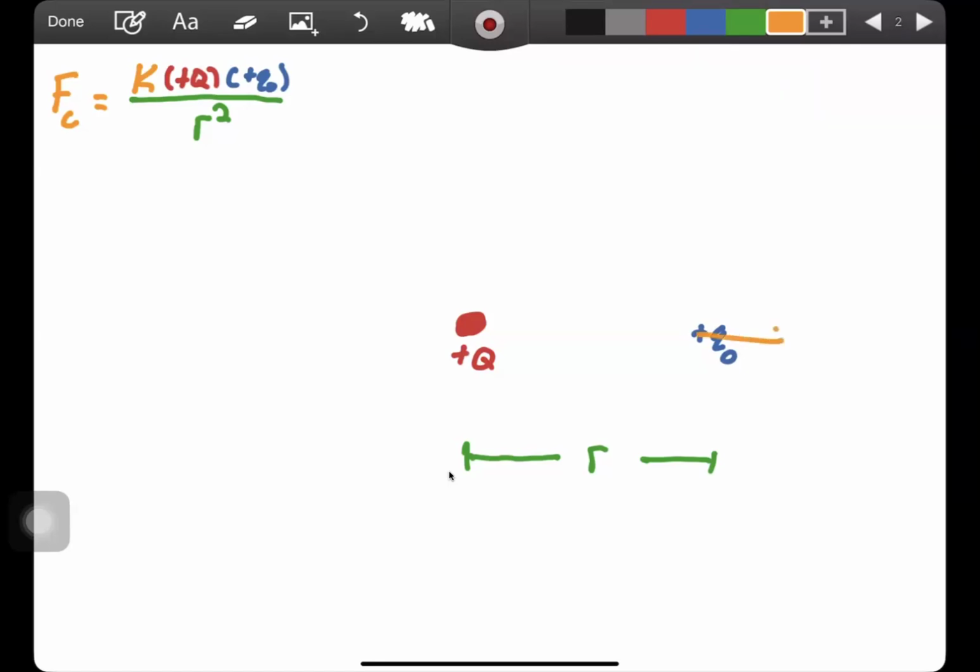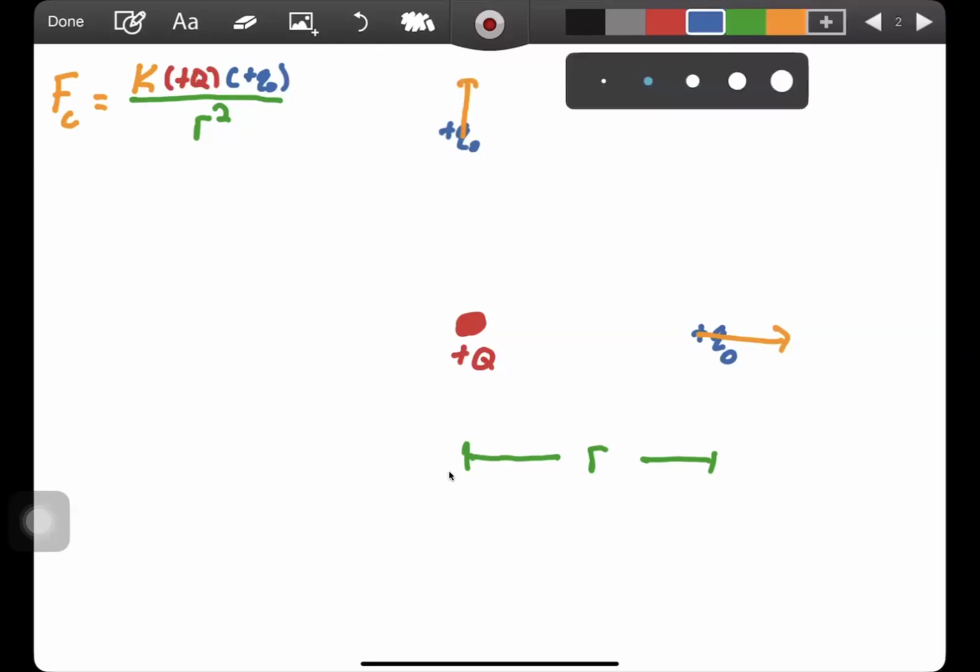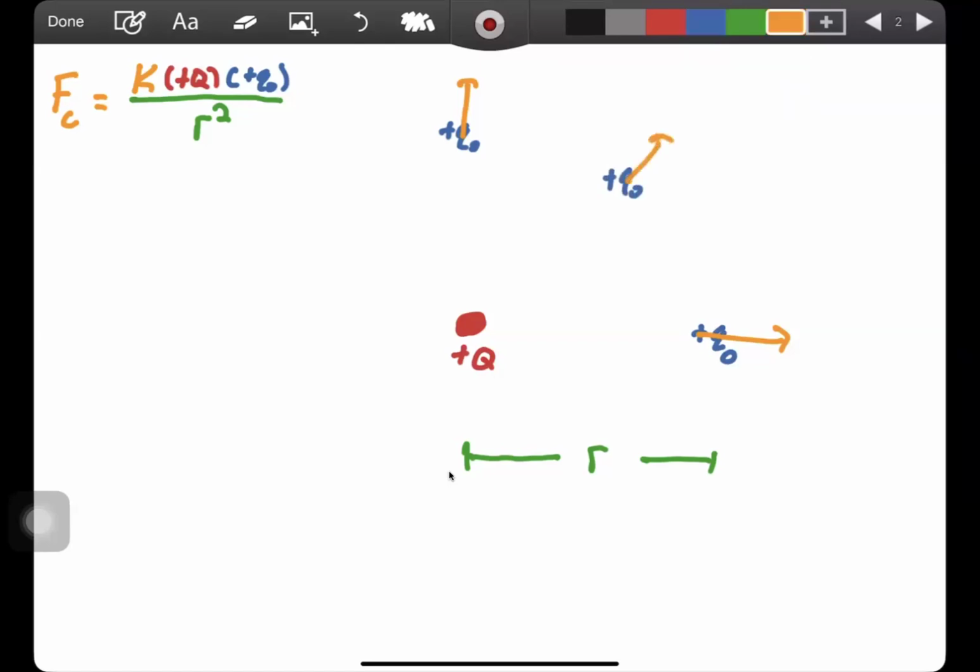So we would have a Coulomb force that would go in the direction of the orange arrow that I just drew. Now, let's hypothetically say that instead we put our plus Q naught test charge right here. In this particular case, the Coulomb force would go up like this. If I put my test charge right here, the Coulomb force would go in this direction.